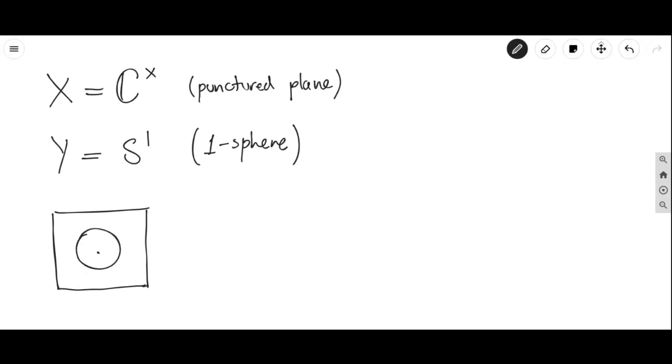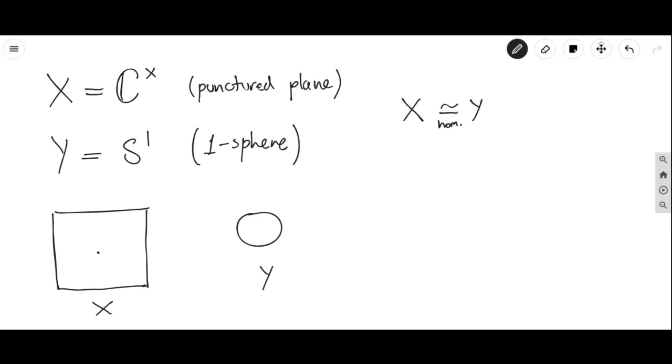So that's S1. This is going to be X, and that's going to be Y. And we're going to claim that there's a homotopy equivalence between X and Y.